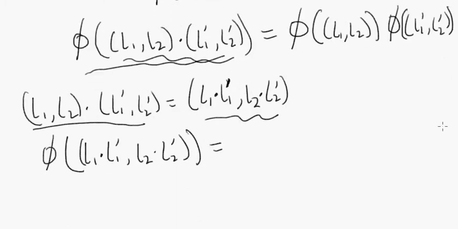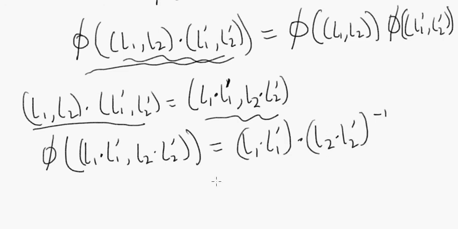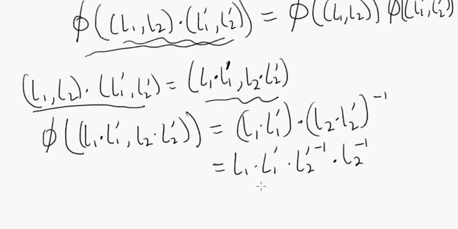So isn't this going to give us L1 times L1 prime multiplied by L2 times L2 prime inverse? Okay, well, what's that equal to? Is that the same as L1 prime perhaps times L2 prime inverse times L2 inverse? Okay, so this appears to be the left hand side.